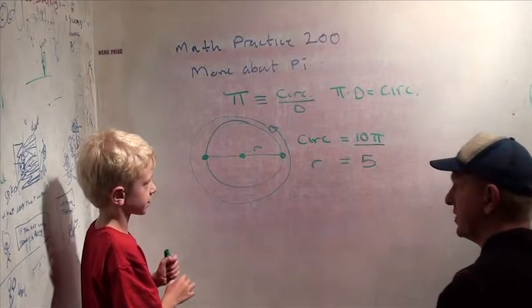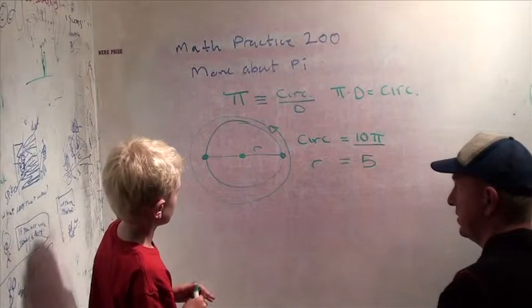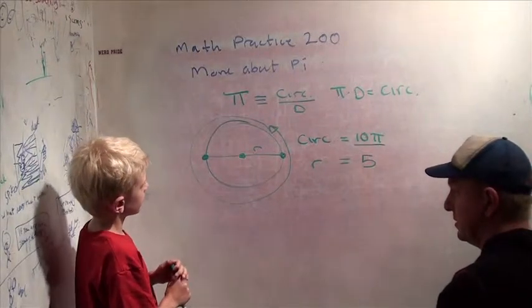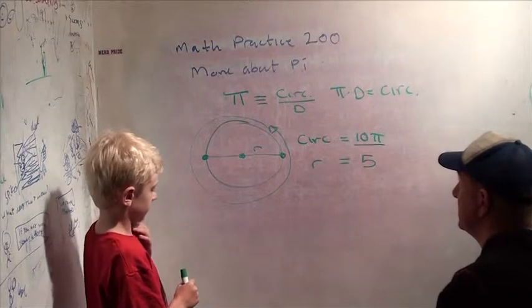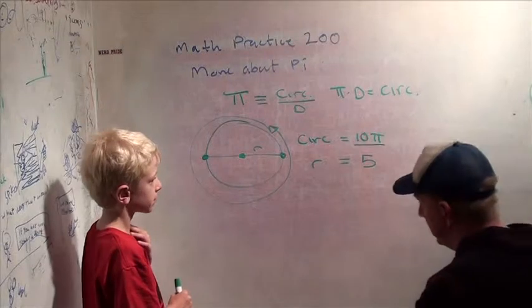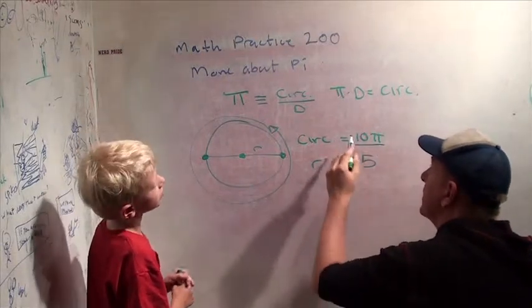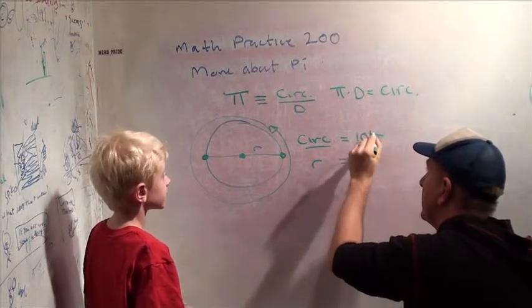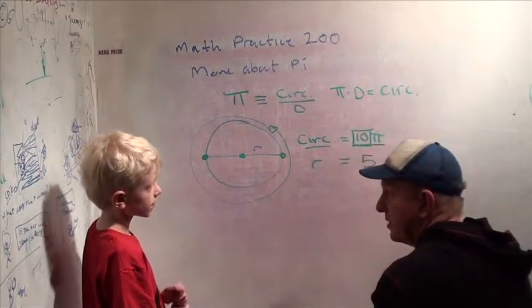Okay, and why was 10 important in this problem? Well, it's even, so it's easier to divide. Okay, well, alright, let me explain. The circumference is pi times the diameter, so 10 is the diameter, right?